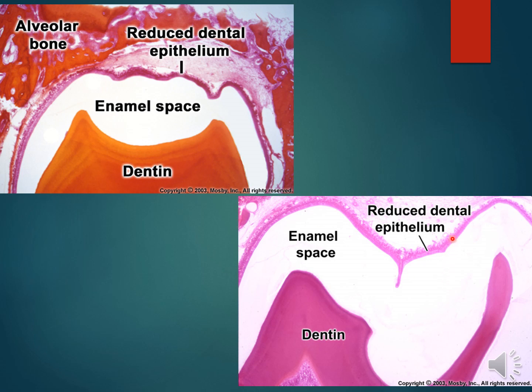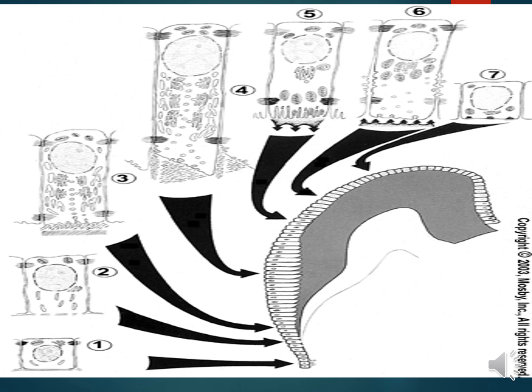So the reduced enamel epithelium, as we know, is formed by the post-functional ameloblasts and other cells of the enamel organ like stellate reticulum and stratum intermedium, all together forming the reduced enamel epithelium. This reduced enamel epithelium covers the unerupted enamel until the tooth erupts into the oral cavity. Once the tooth erupts, this reduced enamel epithelium joins with the oral epithelium to form the junctional epithelium or attachment epithelium. This is the picture.